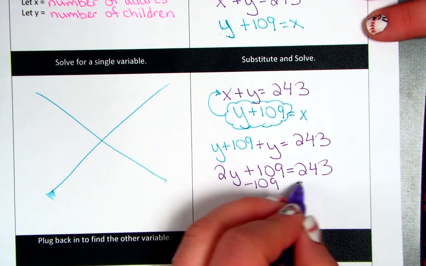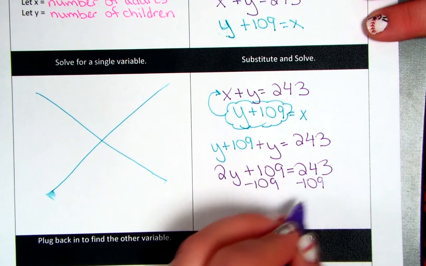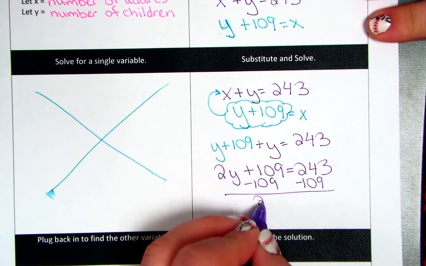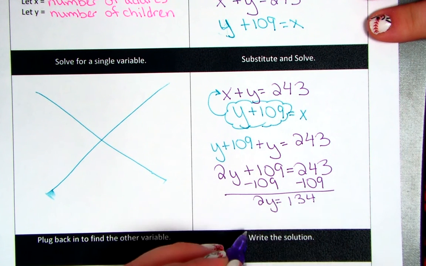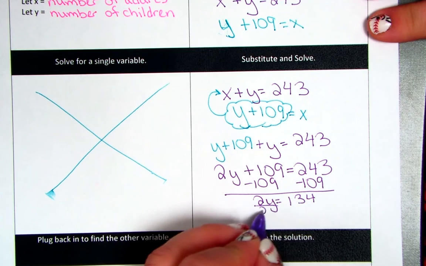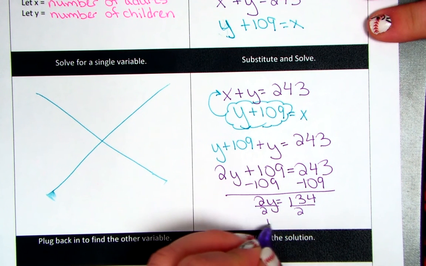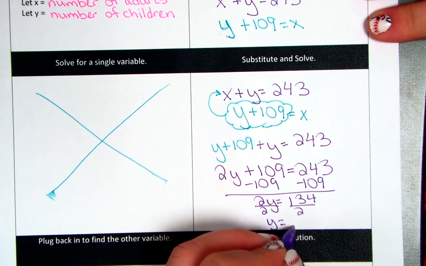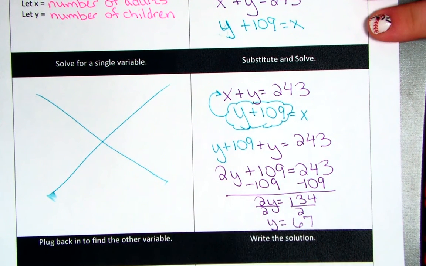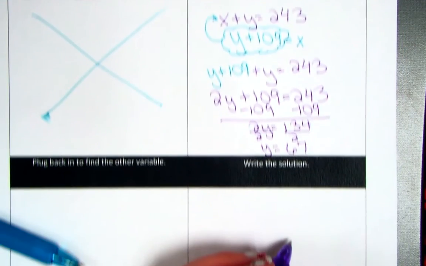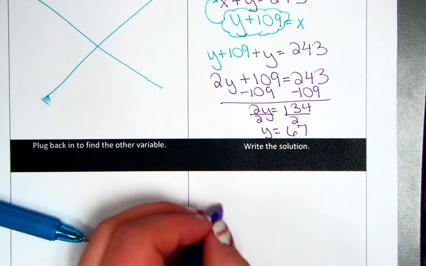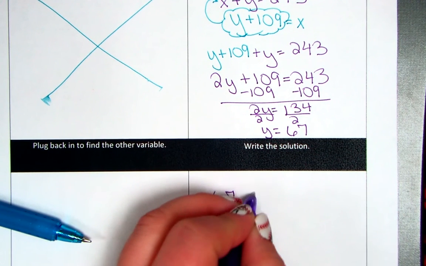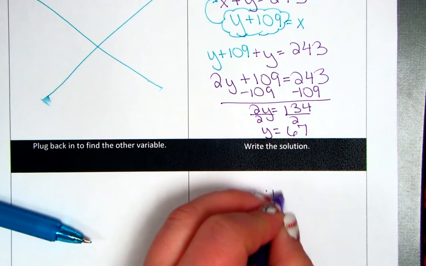Subtract 109 from both sides, and we get that 2y equals 134. Divide by 2, and y is equal to 67. That means if y is the number of children, that there are 67 children.